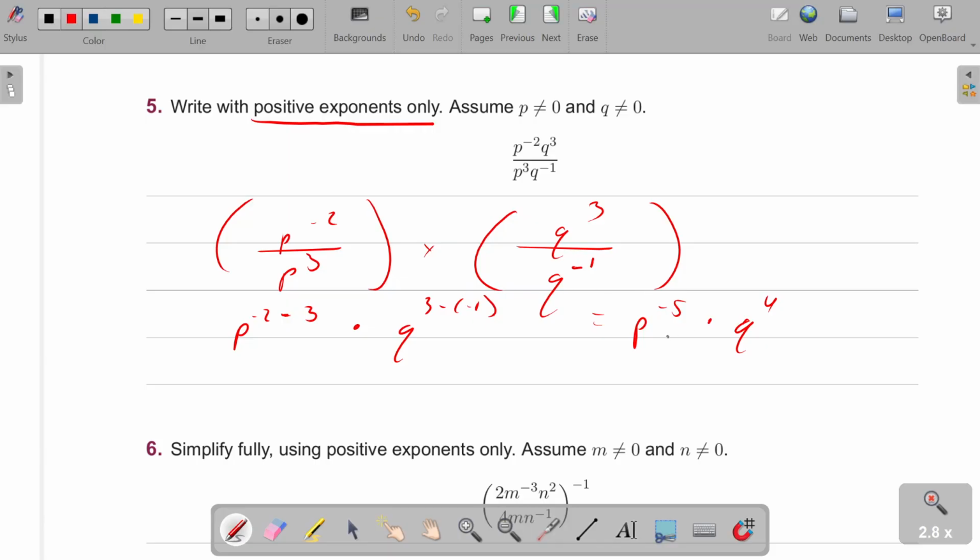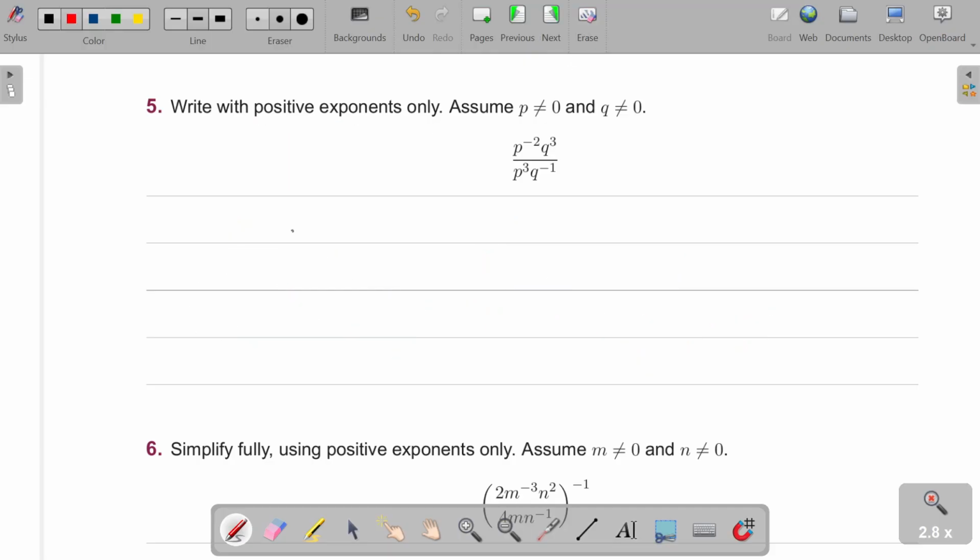Remember, this is p to the power of negative 5, but it's the same as p to the power of negative 5 divided by 1, first of all. And also it has its own invisible multiplied by 1 in the numerator, right? So in other words, I can really write this as 1 times p to the power of negative 5 over 1, and just to be fancy, times 1, and then obviously multiplied by q to the power of 4.